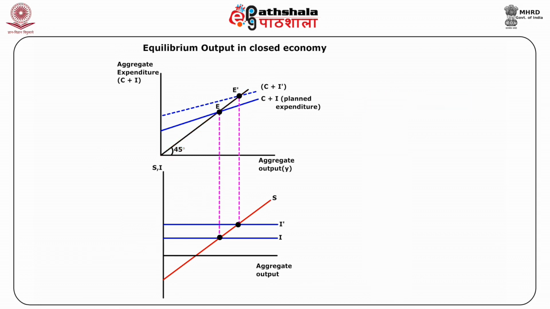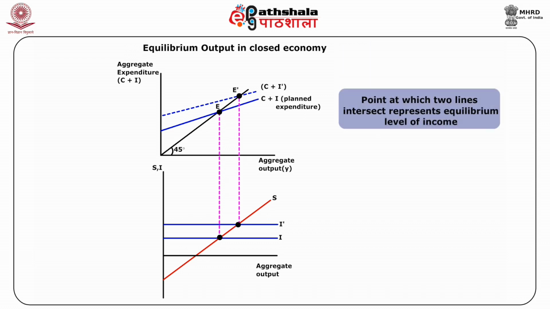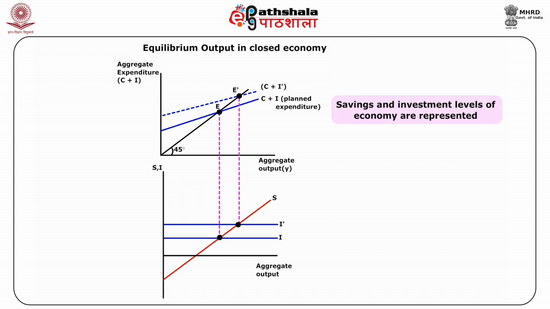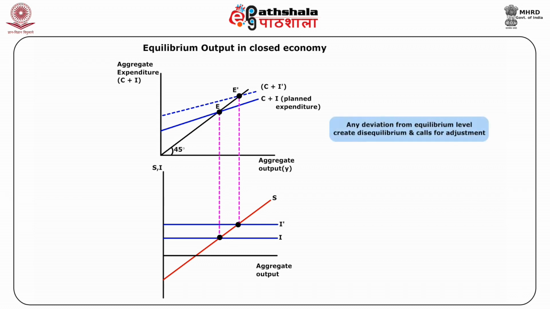On that, we have imposed the planned expenditure line Y = C + I. The point at which the two lines intersect represents the equilibrium level of income E. In the second panel, savings and investment levels of the economy are represented, and the equilibrium level E in the above panel is translated into the below panel at the point where S = I. The diagram also helps us to understand the adjustment mechanism. Any deviation from the equilibrium level will create disequilibrium and hence calls for adjustment.